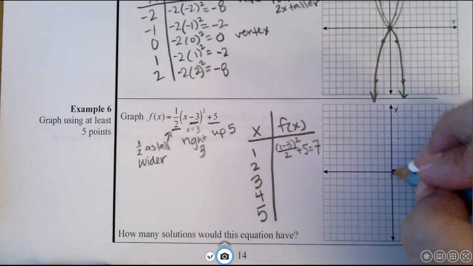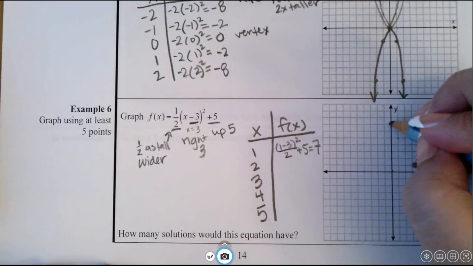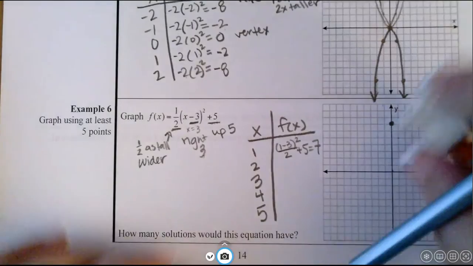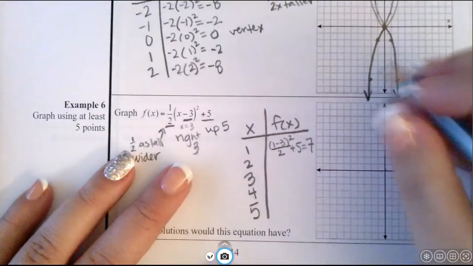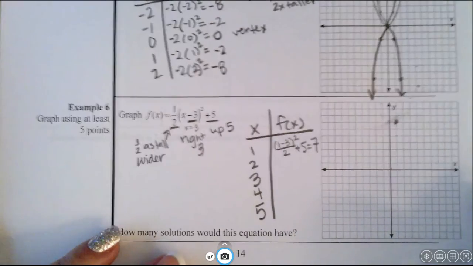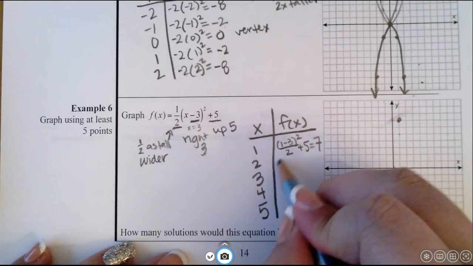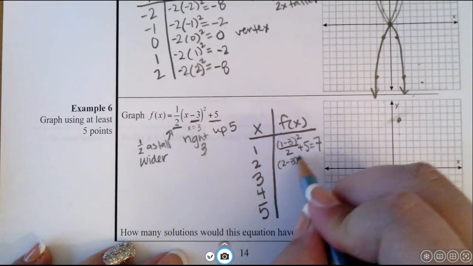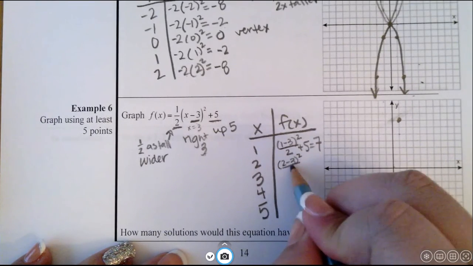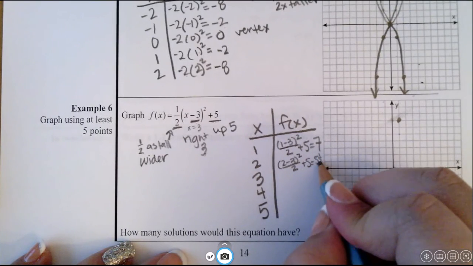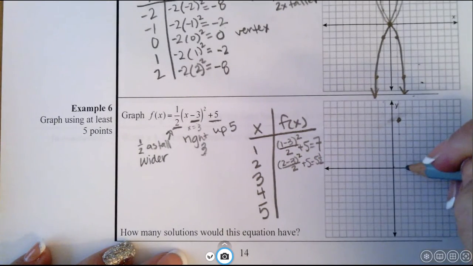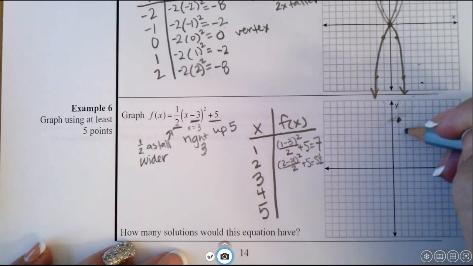So 1, 7. And then 2 minus 3, -1 squared is 1, divided by 2 is 1/2, plus 5 is 5.5. So we're going to go to 5.5.